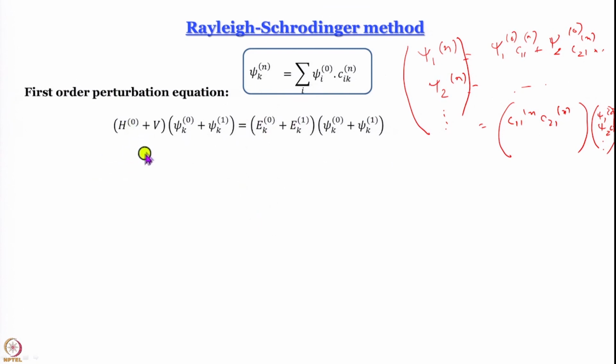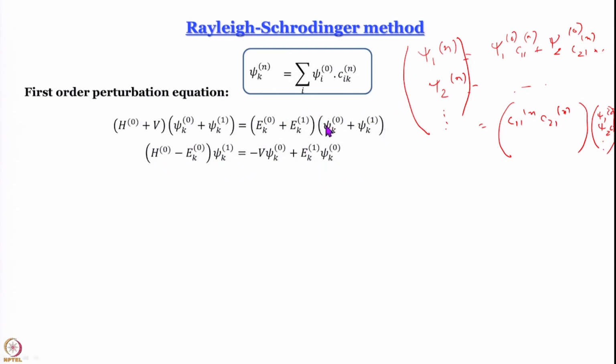H 0th plus V operates on psi k 0th plus psi k 1th to give us the corrected energy times the wave function, the eigenvalue equation, and from there I can rearrange. While rearranging I have neglected certain terms because H 0th psi k 0th will be equal to E k 0th psi k 0th, so they are going to cancel each other. So, this is what we are left with.